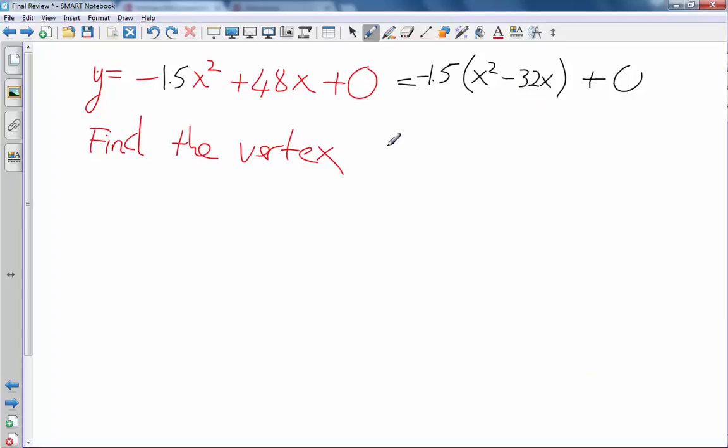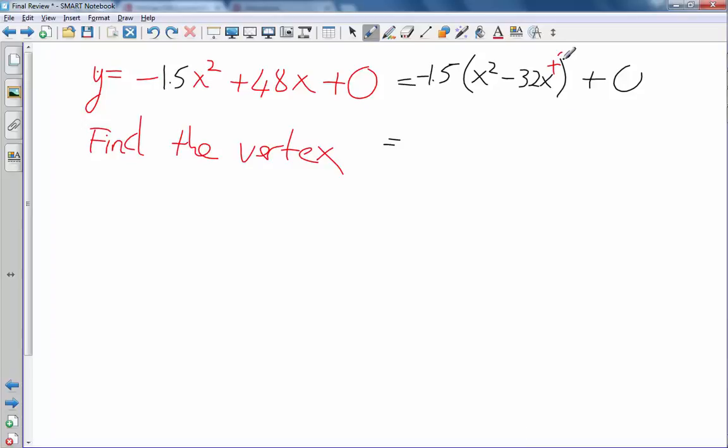Let's now turn this into a perfect square. What number are we going to add to the end? What is it? 256.